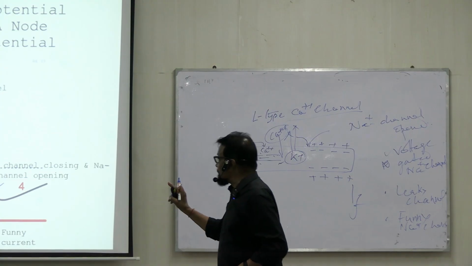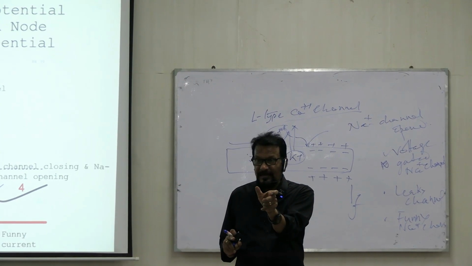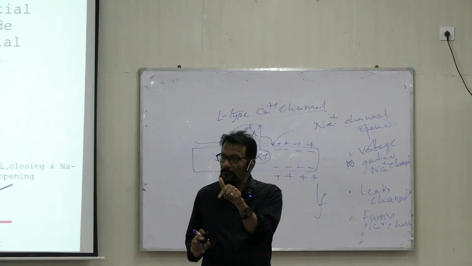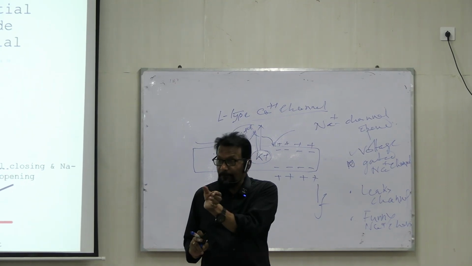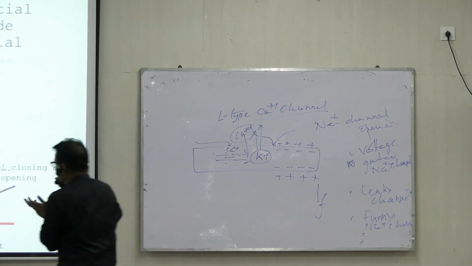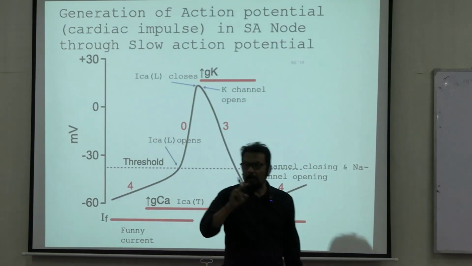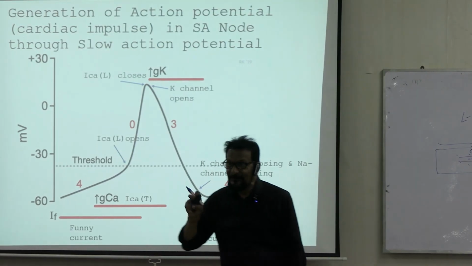So who are responsible for phase 4? Two factors. At the initial stage, the funny current, meaning sodium entry, and the later part of this pacemaker potential is entry of calcium ion by the T channels, transient channels.